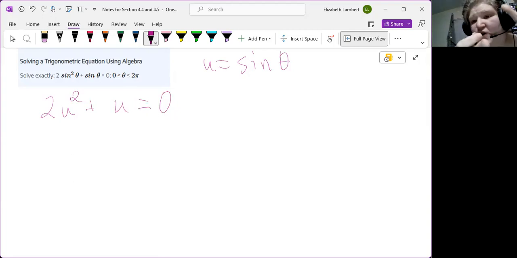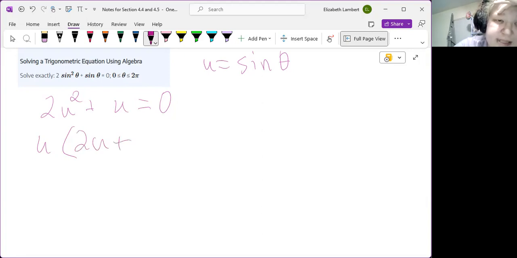Now, this is a quadratic, but there's no constant term. So what this means is when I look at these two terms, they have something in common, a u. I'm going to factor that out. So u times 2u plus u times 1. That's factored.